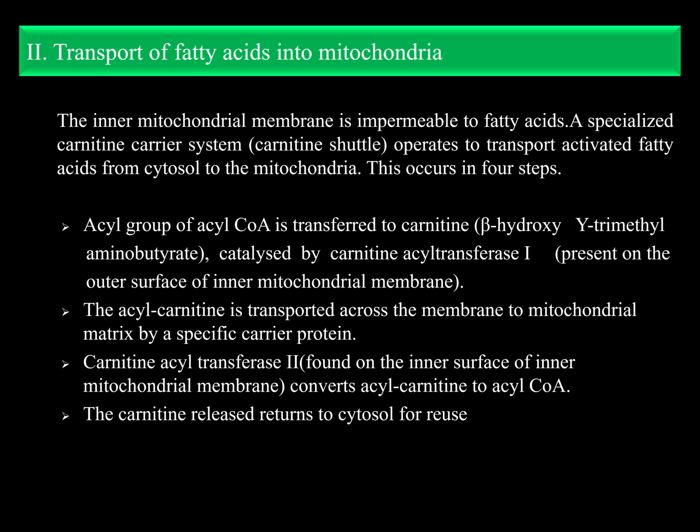The fatty acyl group is first converted to acyl carnitine. The acyl carnitine crosses the inner mitochondrial membrane. Then inside the matrix it is converted back to acyl-CoA. Carnitine returns to the outside to bring another fatty acid. This shuttle system is important for long-chain fatty acids.